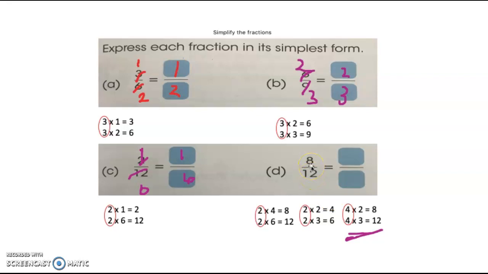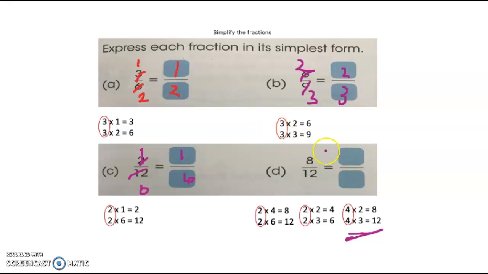For example, for the 2 times table, of course it will also come in the 4 times table. So that means they are multiples of 4 as well. So it's better if you always take the bigger number, then it will be easier. But otherwise also it's okay.